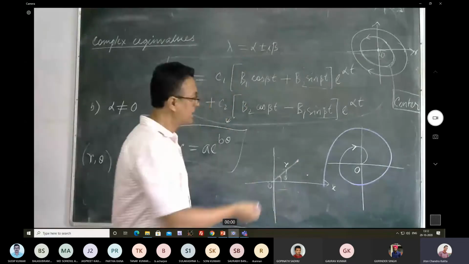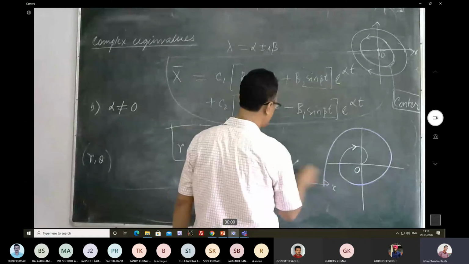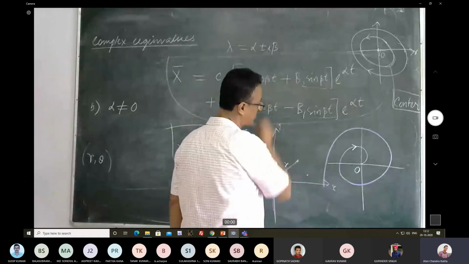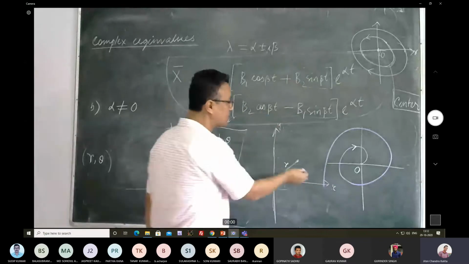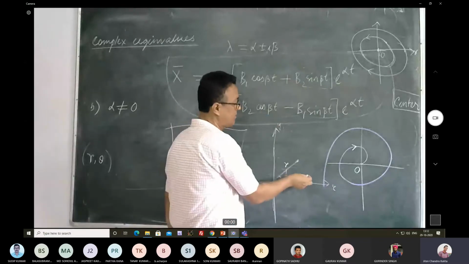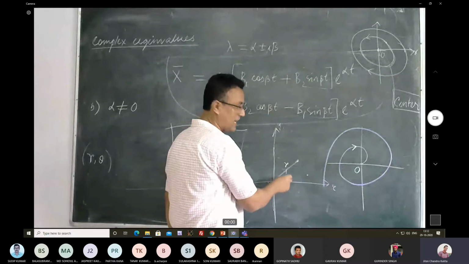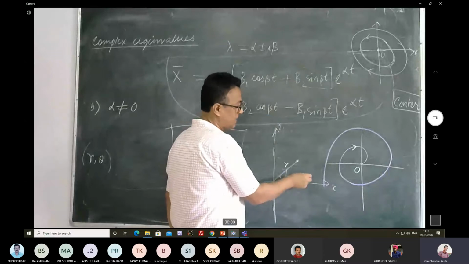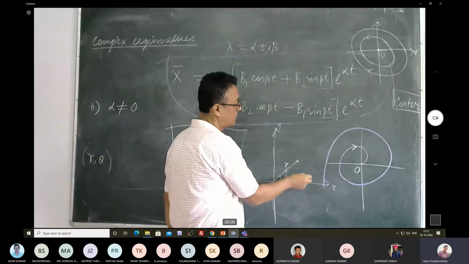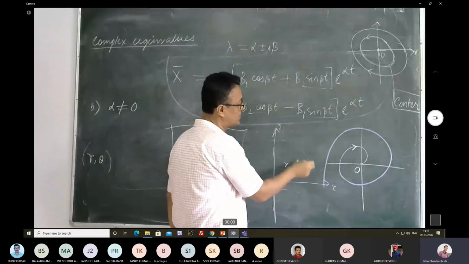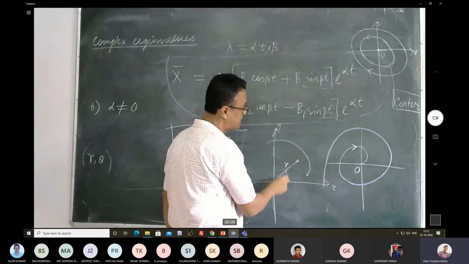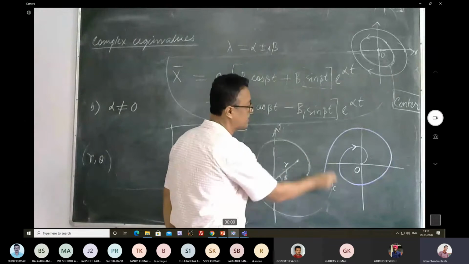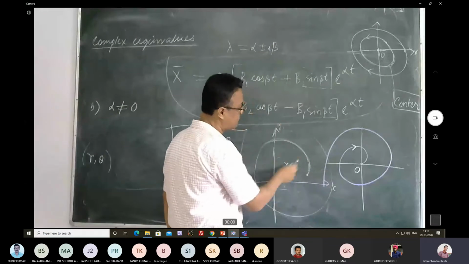Although it is an xy plane, if I consider it in the r theta plane, then this is going to represent a spiral if, for all the points lying on the trajectory, theta is always increasing, whatever the value of r.